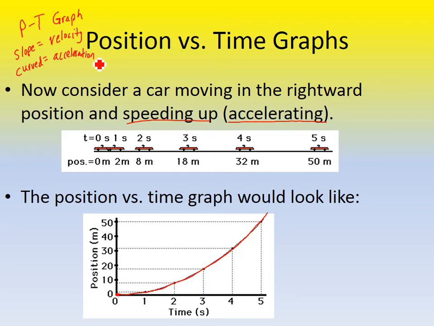A curved line tells you that the object is accelerating. So that's really what we're going to focus on for the rest of this video and the rest of this class period. In position time graphs, the slope tells us velocity, and a curved line tells us that the object is accelerating.